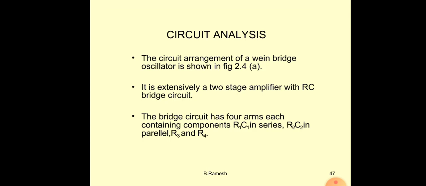The circuit arrangement of a Wien bridge oscillator is shown in the figure. In circuit analysis, it is essentially a two-stage amplifier with an RC bridge circuit. The bridge circuit has 4 arms, each containing components R1 C1 in series and R2 C2 in parallel, R3 and R4.